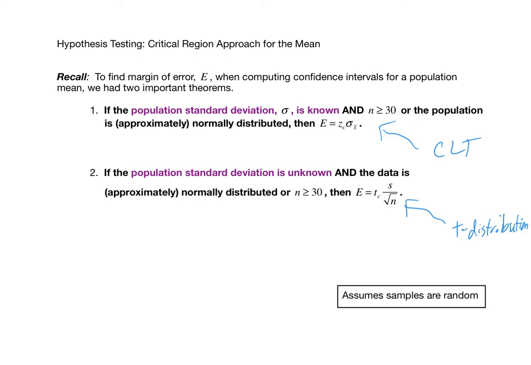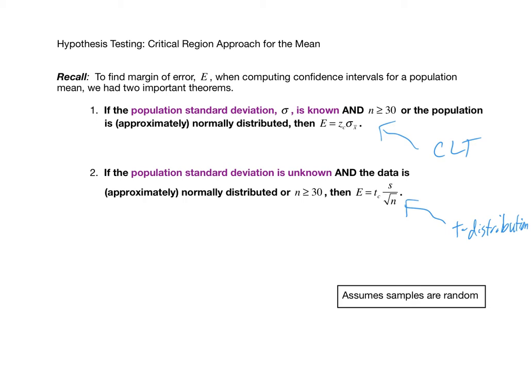So the difference between these two conditions for which you would use the standard normal distribution or the t distribution is whether sigma is known or whether sigma is unknown. These same two conditions are what we need to closely pay attention to when doing hypothesis testing on the mean. They are going to determine whether you're going to use the standard normal distribution or the t distribution in the process of doing the hypothesis testing.